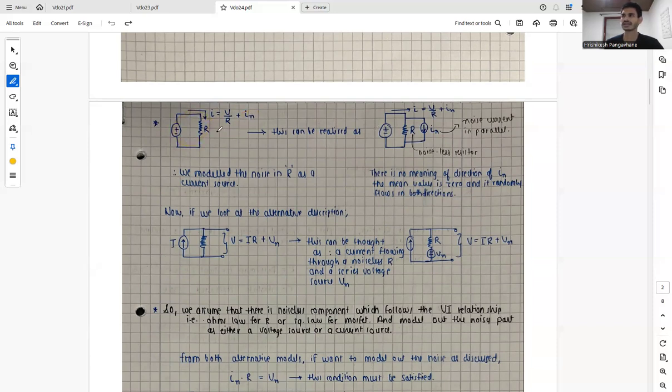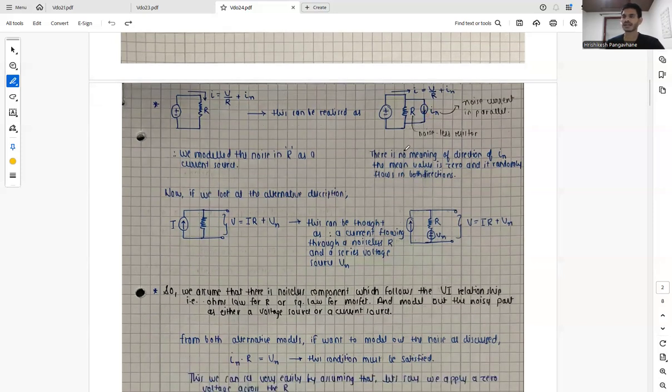This exact thing can be realized as the voltage across a noiseless, ideal resistor, and the noise in this resistor is basically a noise current, which can be placed in parallel and modeled as a current source. There is no meaning to the direction of In, and the mean value is anyway 0, as it randomly flows in both directions. Just to show a model, we have denoted a direction, but there is no meaning to the direction.